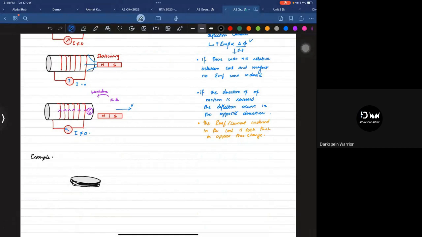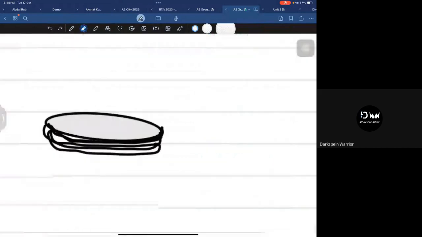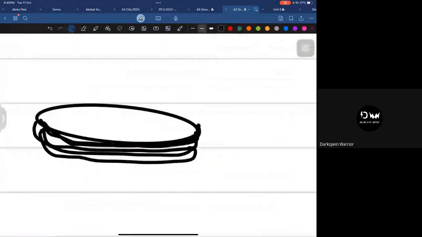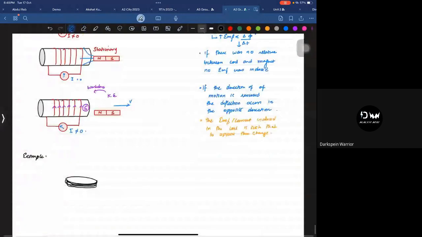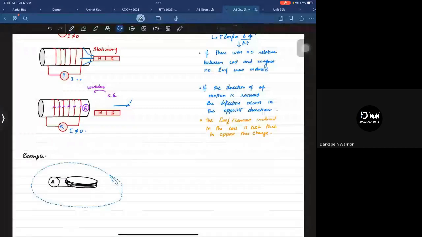So you have a coil like this, which is like that. Okay, it's better. And now this coil is connected to maybe an ammeter, like that. And then let's make three positions of it.